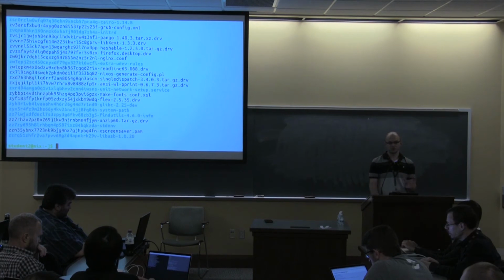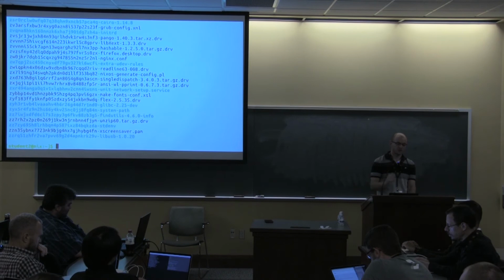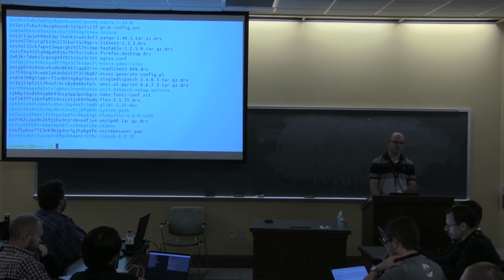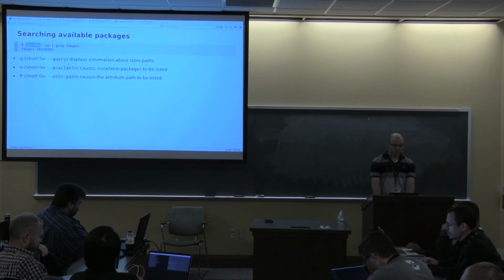This is very similar to a Cabal sandbox, except it's at the system level. With Nix, I install Node 0.7 and Node 0.6, and they're both in my store. Then you tell Nix which one you're interested in using at any given time, and it does some symlinking magic and some environment variable magic to make that available to you. That's what we're about to play around with.